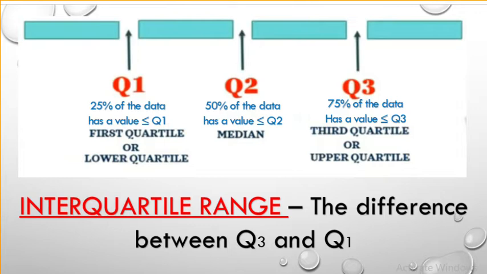And third quartile or upper quartile has the value of 75% of our data. And the difference between quartile 3 and quartile 1, or kung ima-minus natin ang nakuha natin sa third quartile sa first quartile, ay tinatawag natin itong interquartile range.